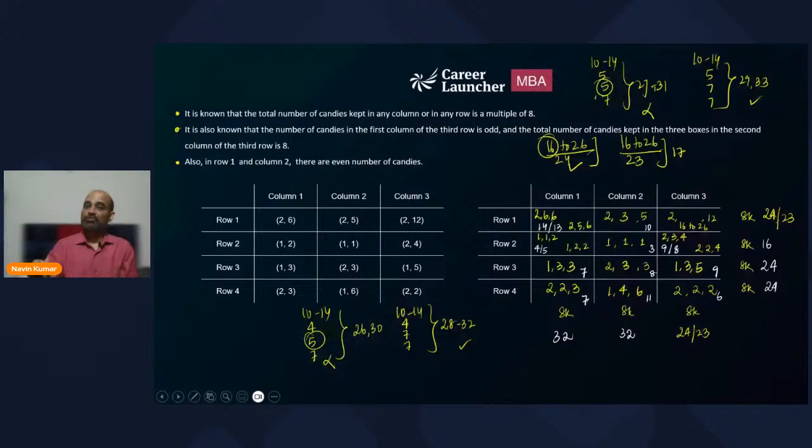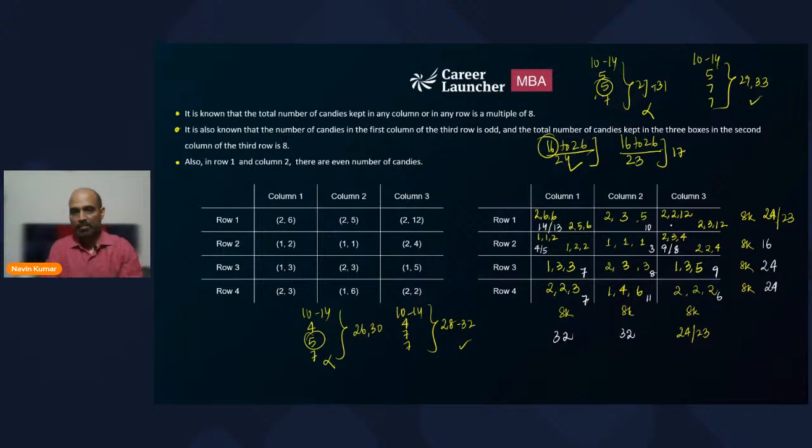16 when the sum is 24 and 17 when the sum is 23 vertically in column 3, and same for row 1. For 16 we will need 2 to 12, and for 17 we need 2, 3 and 12.